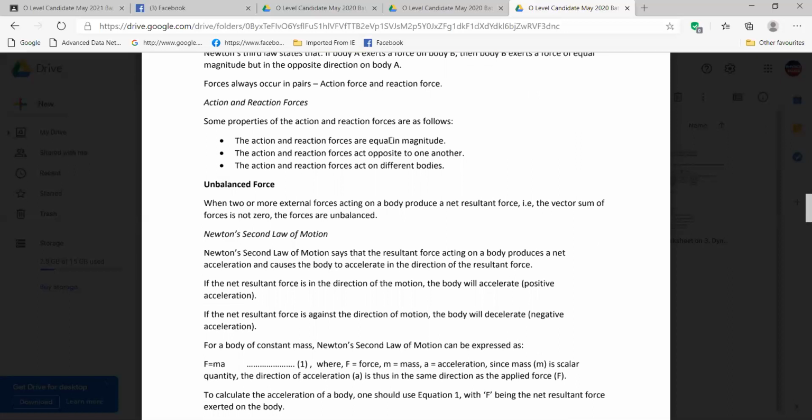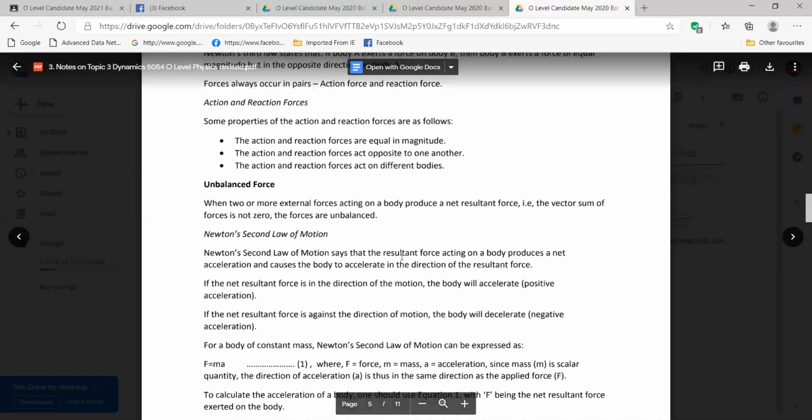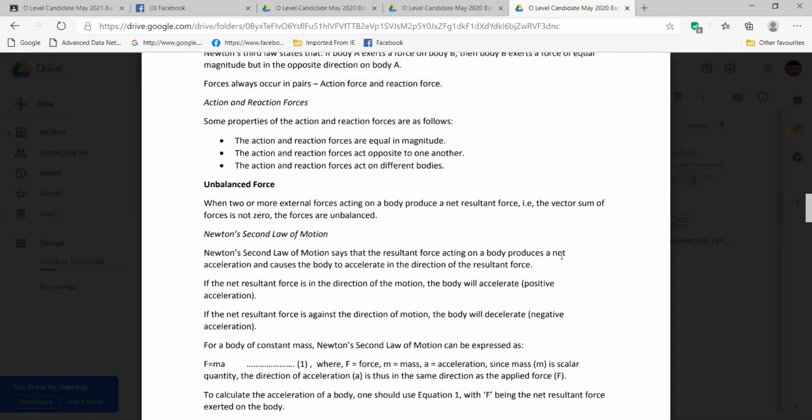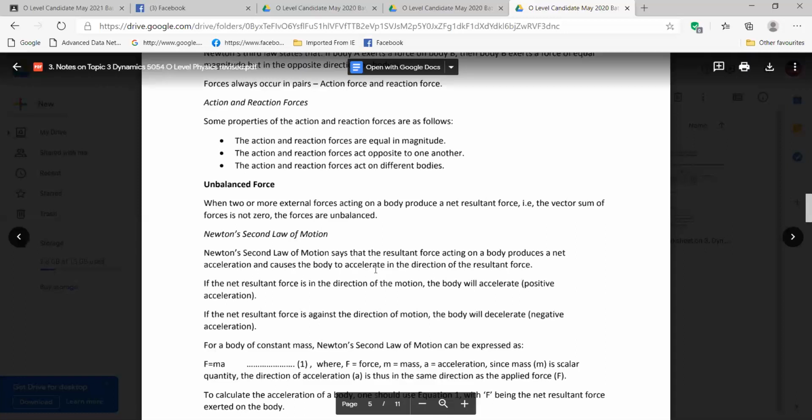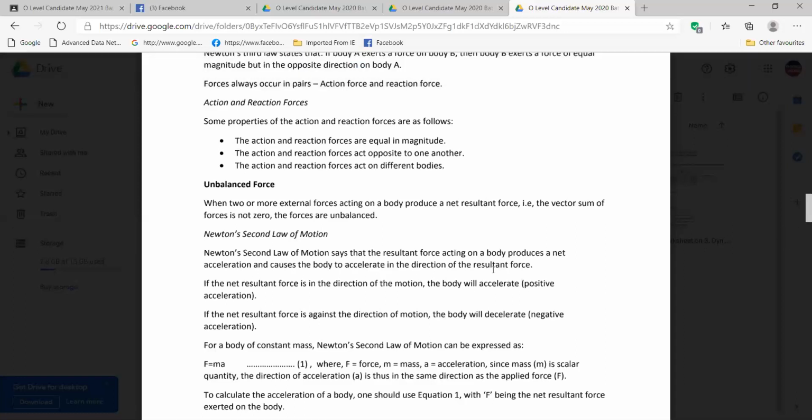Newton's second law of motion says that the resultant force acting on a body produces a net acceleration and causes the body to accelerate in the direction of the resultant force.